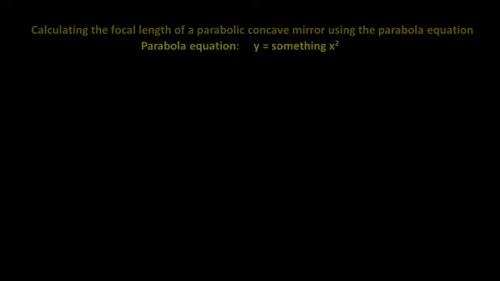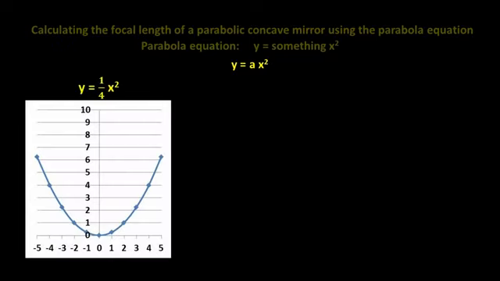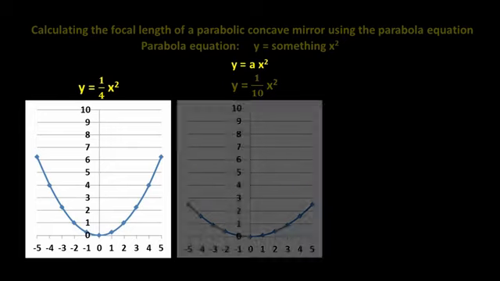We've already seen that parabolas follow the equation y equals something x squared. Mathematicians and scientists use the expression y equals ax squared, where the a can be any number. For example, this is the graph for a parabola that follows the equation y equals 1/4 x squared.